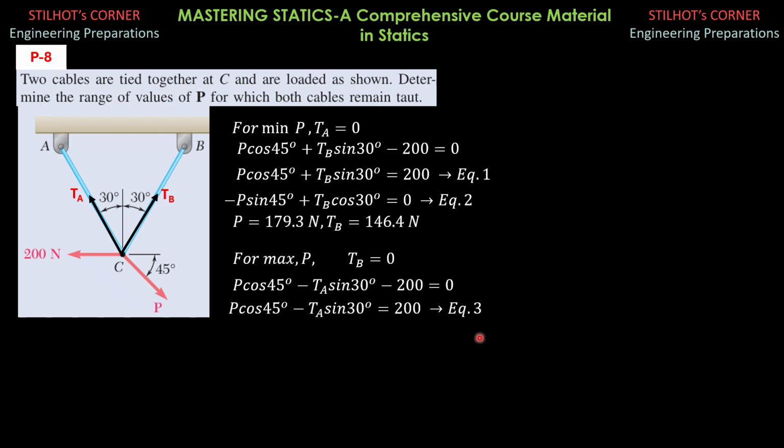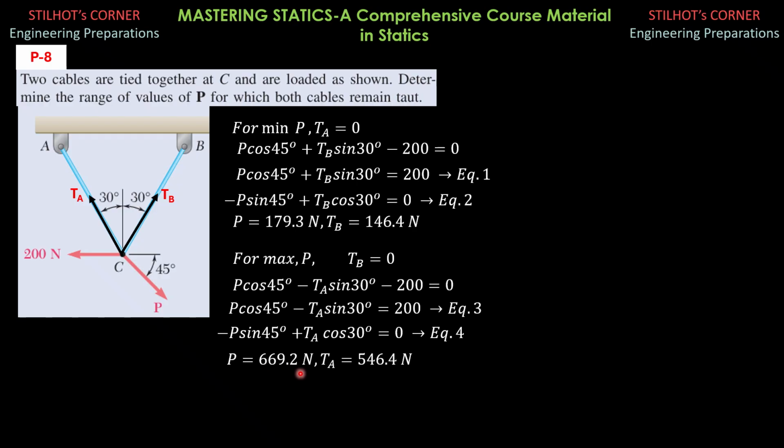Call that equation 3. Summation forces Y equals 0, negative P sine of 45 degrees plus T sub A cosine 30 degrees equals 0, equation 4. Solving these equations 3 and 4 simultaneously, P is 669.2, that's the maximum value.